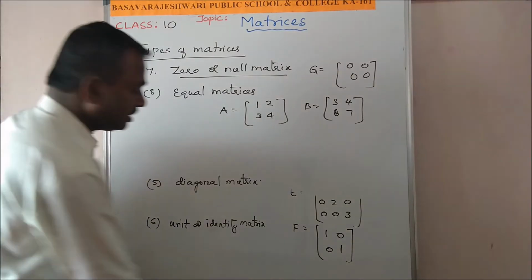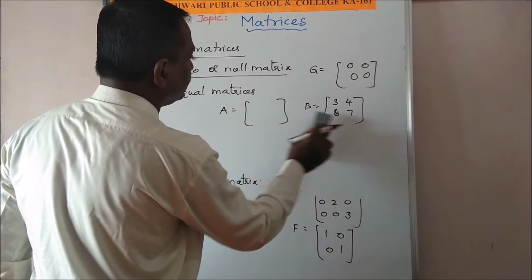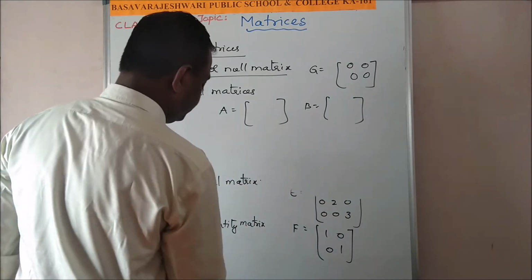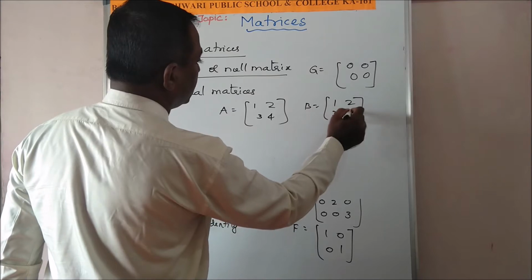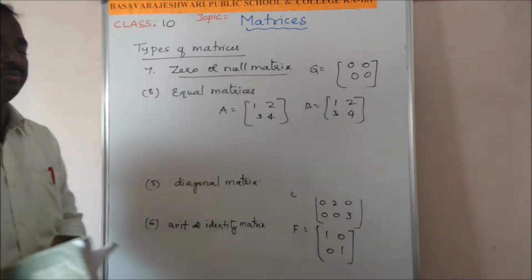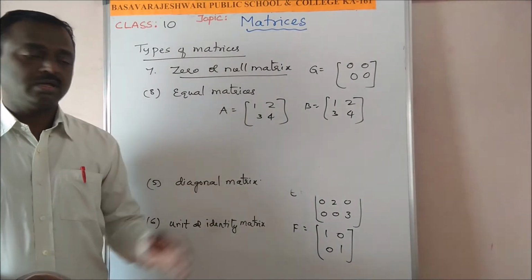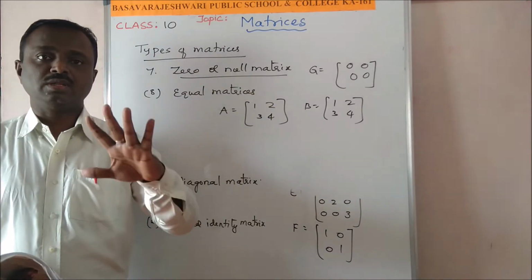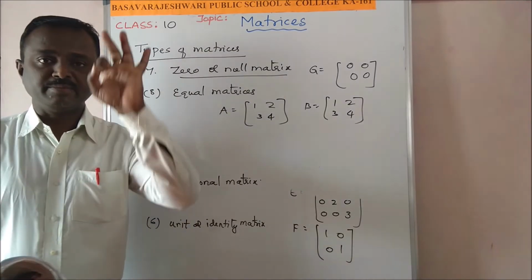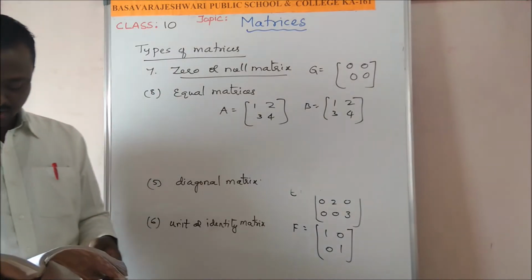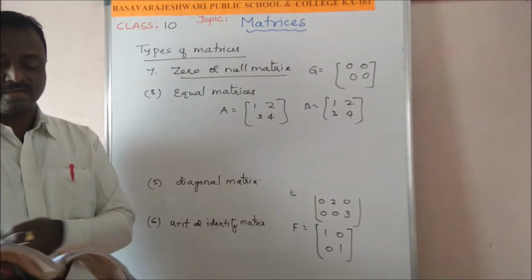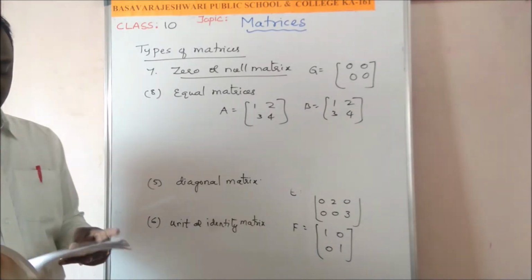Sorry, I wrote a different one. I will write here. They should have the same order, and the elements should also be equal. All the elements of both matrices should be equal. The order should be the same. Elements should be the same. Then only we can say that they are called equal matrices. Remember these points.